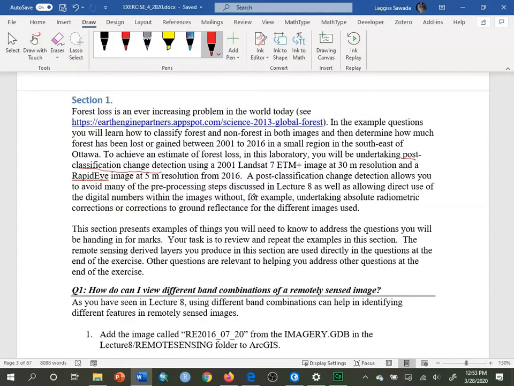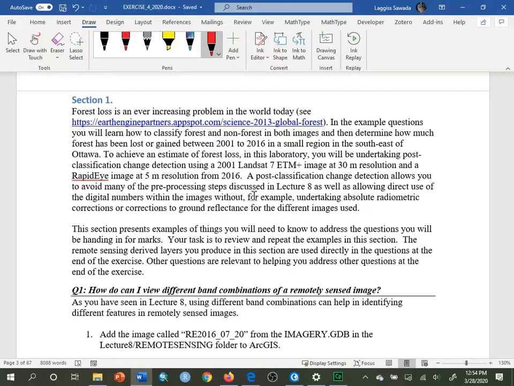So we have a 2001 image from the Landsat 7 ETM Plus sensor, ETM Plus meaning Enhanced Thematic Mapper. That's the sensor that provides us with multispectral images at 30-meter resolution. So that means 30 times 30 equals 900 meters squared. So each cell is 900 meters square in size.